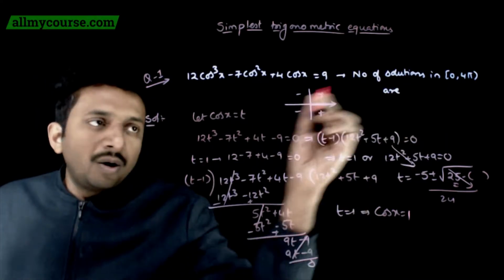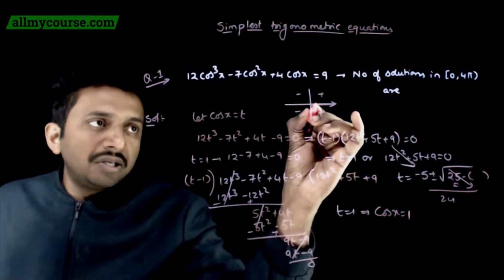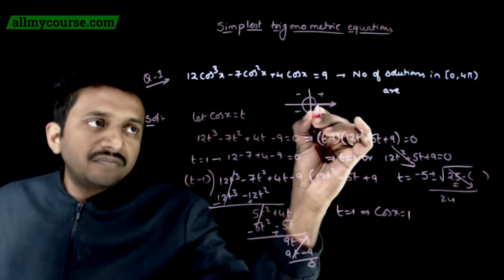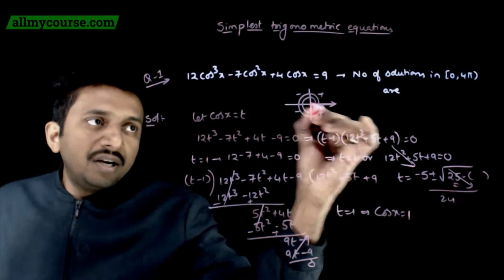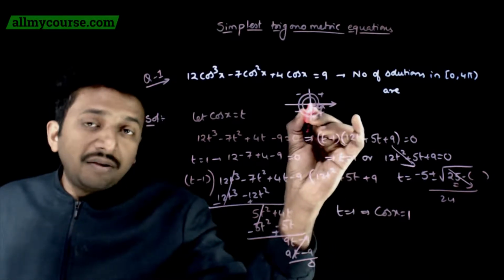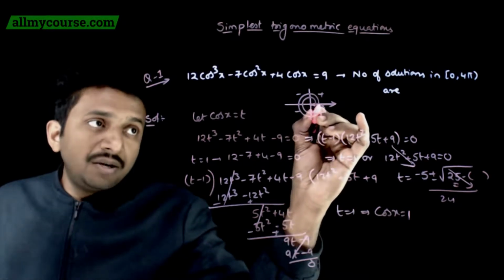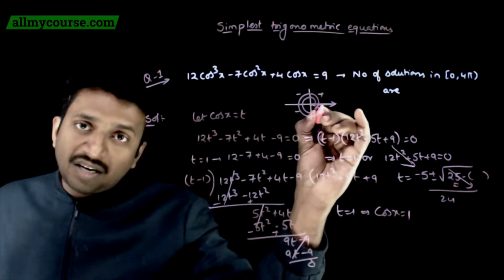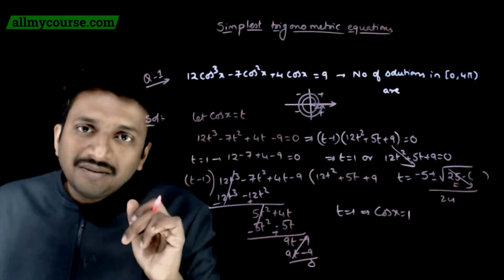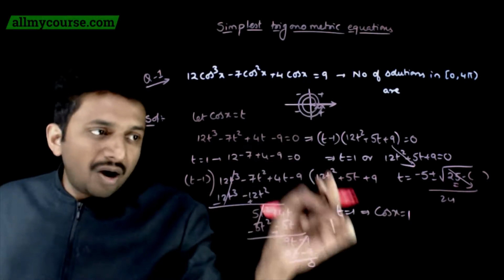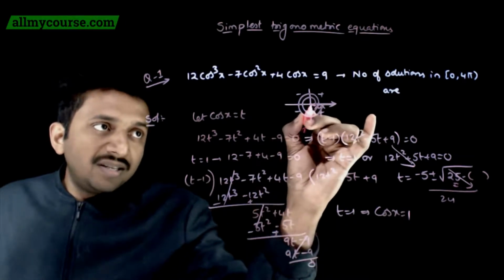If you go from 0, you have one solution in one rotation. And if you're going for another rotation, you have crossed this position 2 times, at 0, 2π, and next at 4π, but you have an open interval at 4π, so you cannot consider 4π as the answer. As you can see, cos x is equal to 1 only at this position.